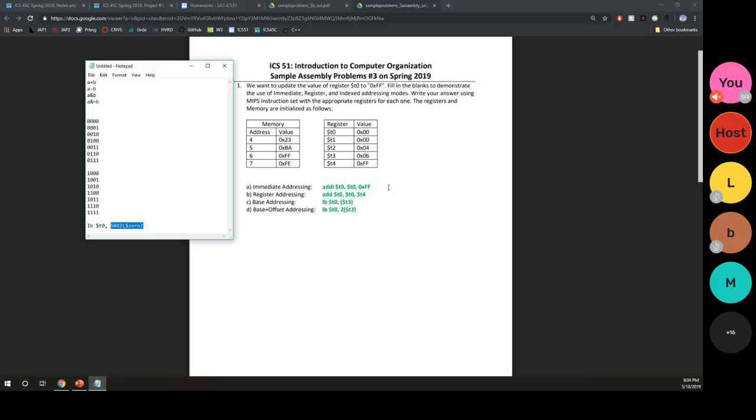It should theoretically be accepted, but the TA gave us this answer, and someone asked during discussion too, could we just use load immediate? And he said yes, but maybe. So he just said use the add immediate, and you'll get 100% for sure. So just use this one. It's not that confusing, I guess.